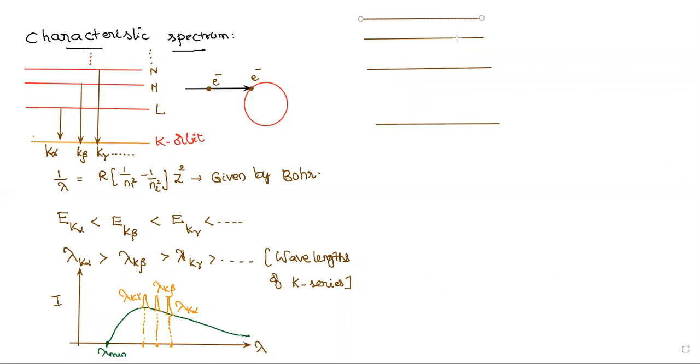Then in this case, suppose I draw one more line here: K, L, M, N, and O. Suppose this is one more line I took.